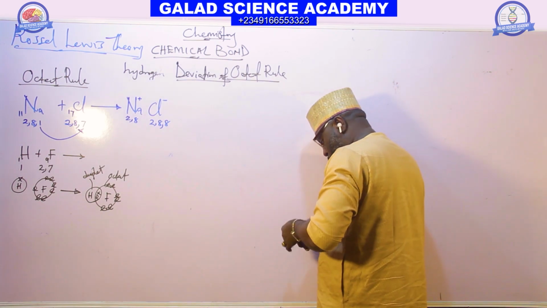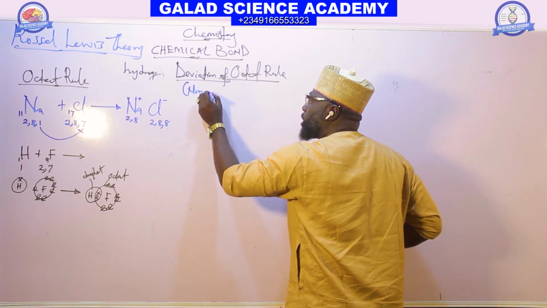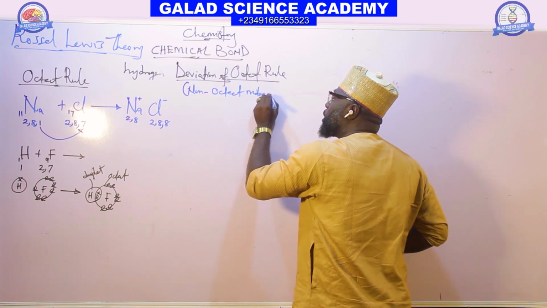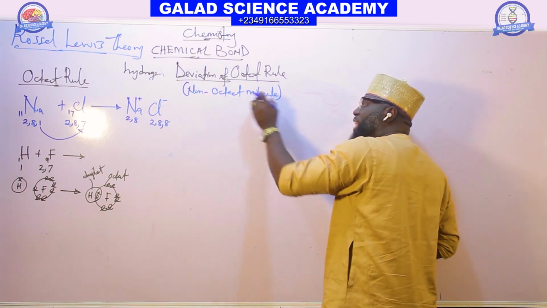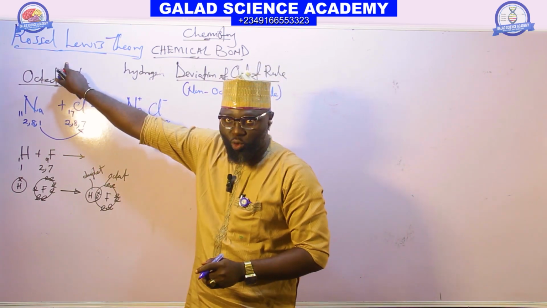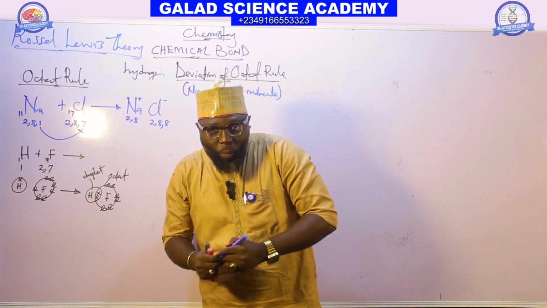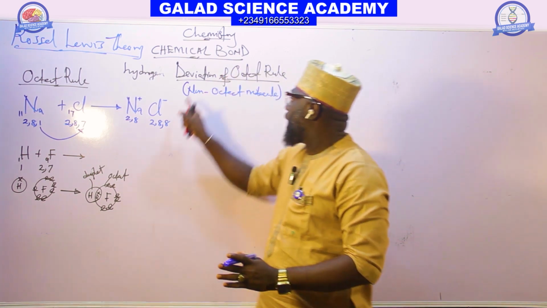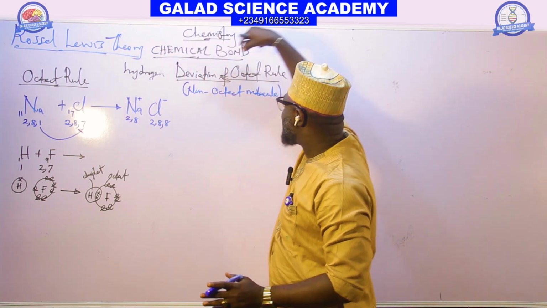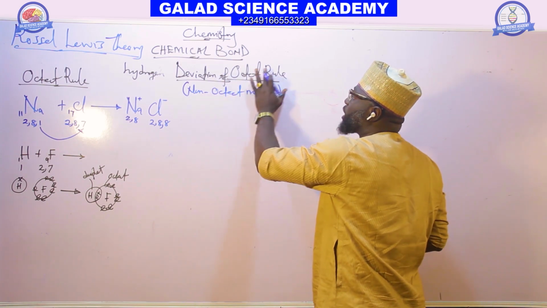So such molecules are called non-octet molecules. Non-octet molecules are those molecules that don't obey the octet rule and duplex rule. They disobey the rules, and they are also called octet deviation molecules, deviation of octet rule.